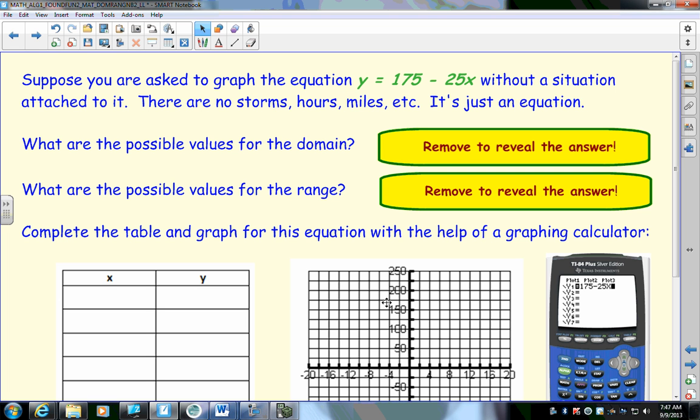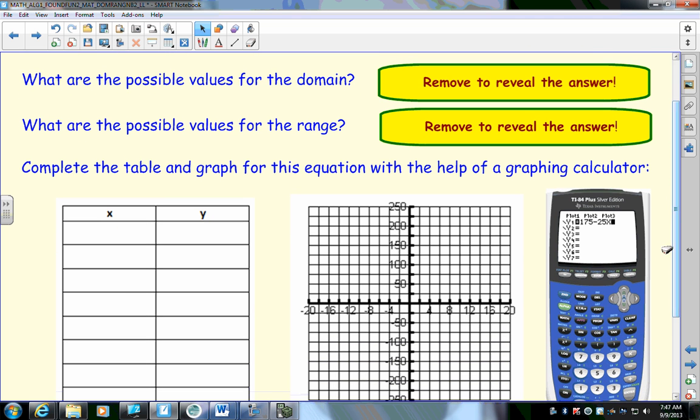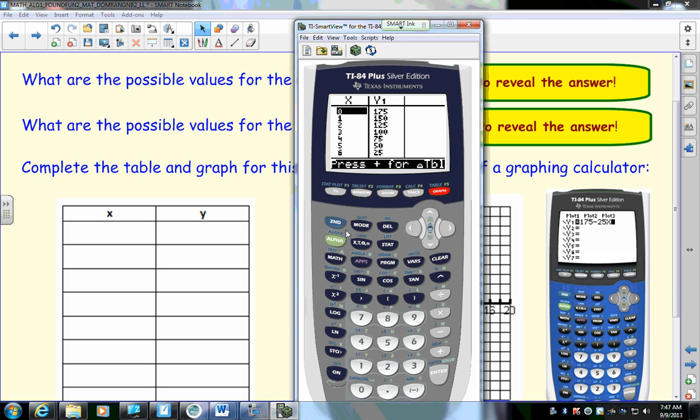Well, if I put it in the calculator down here, and I go second graph, in the table, they have all kinds of positives and negatives, right? And if I wanted to press graph, now I'm not going to see it because it's too high up. Let me see if I can zoom out here.